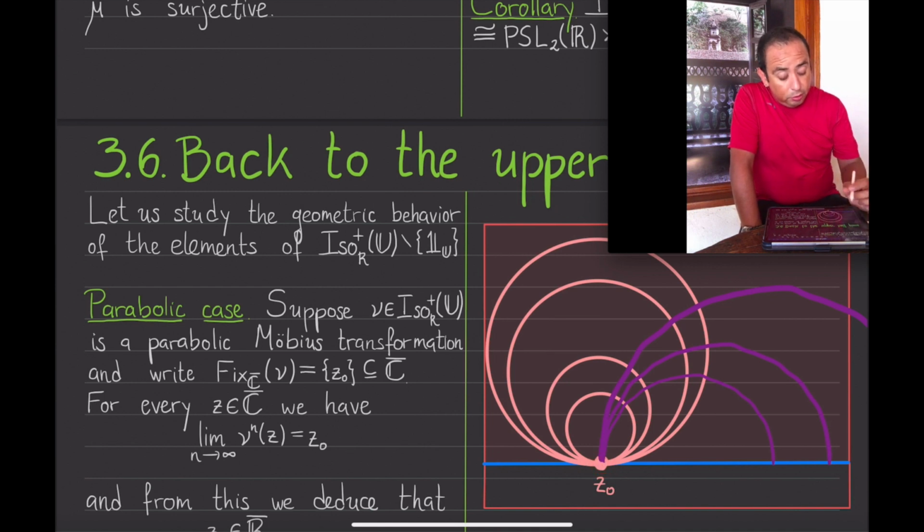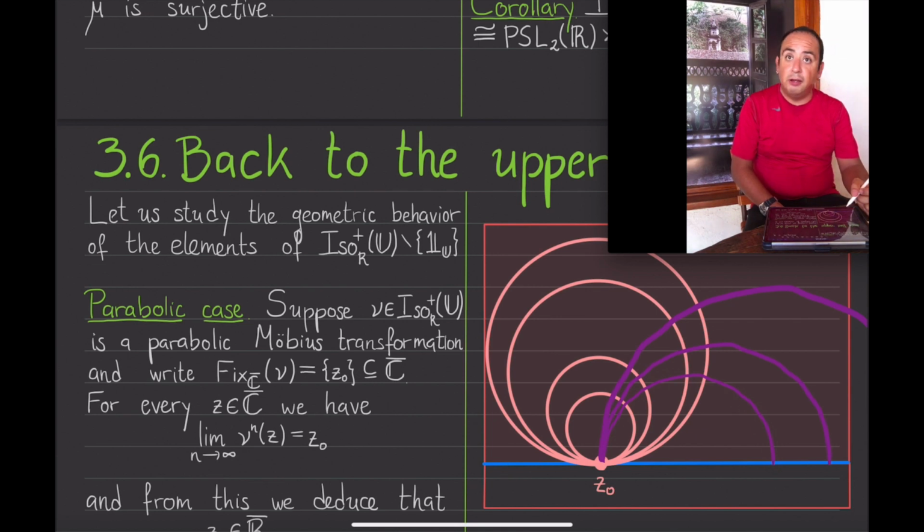Knowing that, take any shortest curve of U passing through Z0. Z0 being in R bar, it does not really belong to U, but as a segment of an Euclidean circle in C bar, I can think that it passes through Z0. So take that one, and then we know that nu is a Riemannian isometry.